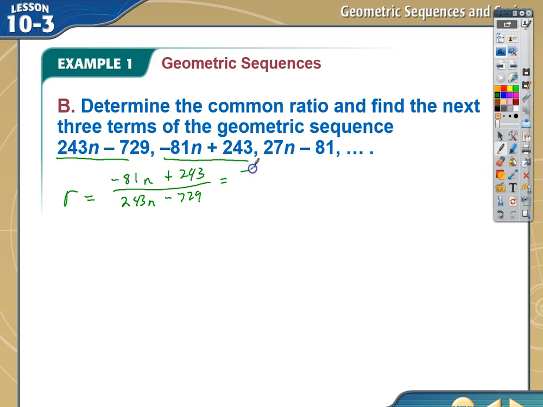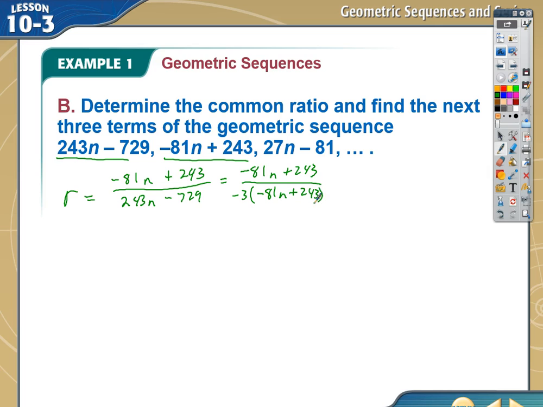Okay, so I keep the top the same. And then I factor out a -3 down here. 243 divided by -3 is a -81. -729 divided by a -3 is a positive 243.